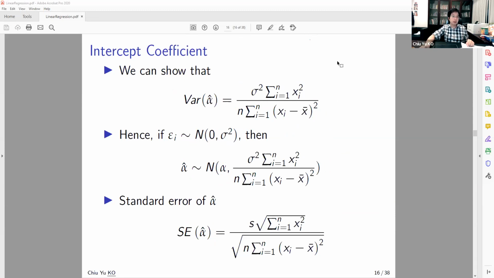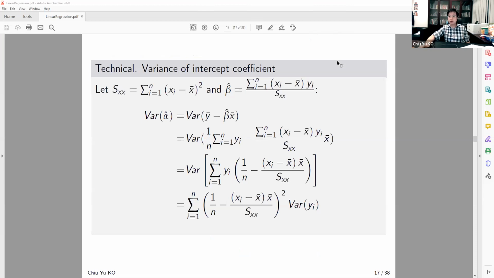So how to prove this? We will use a shorthand notation. Sxx is the sum of xi minus x bar squared, and this is the denominator of the coefficient. So we can just rewrite this. It's the same as minus y bar, but there's no difference.